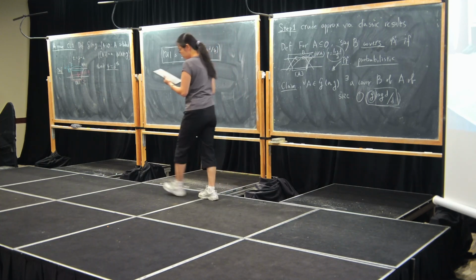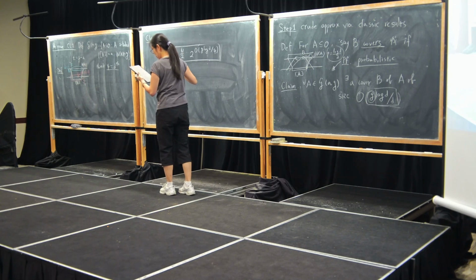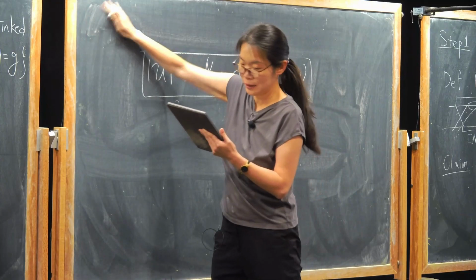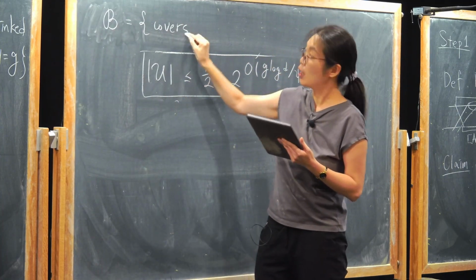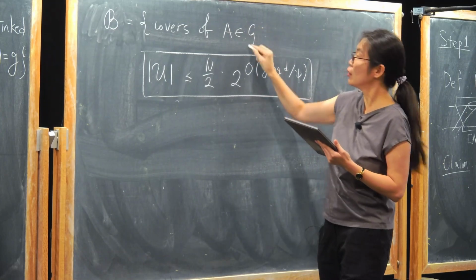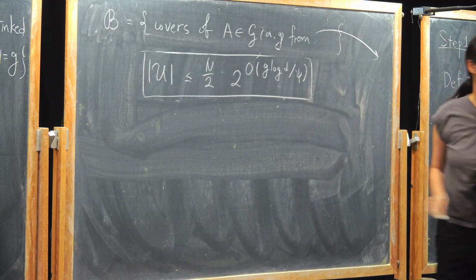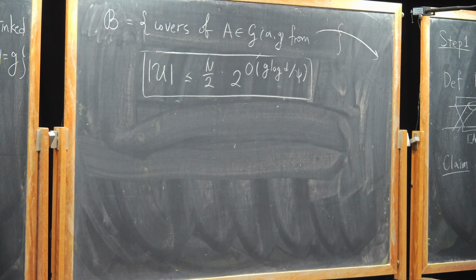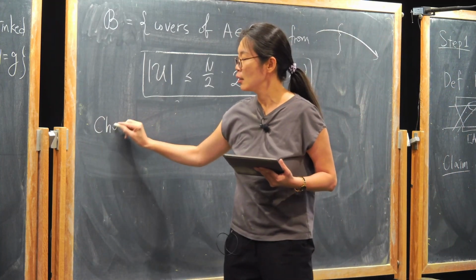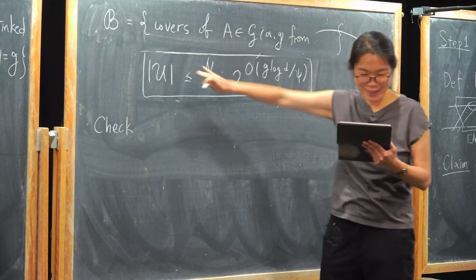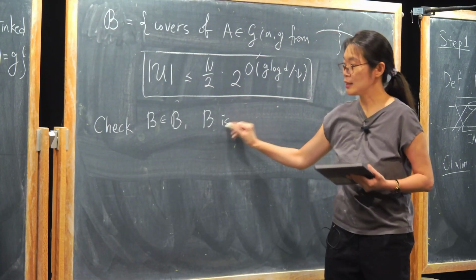The next claim: let me give a name for the covers. I will use B for the collection of covers of A from that construction. We just collect all of the covers of the sets in G_A and check that for every B in the collection, B is 4-linked.